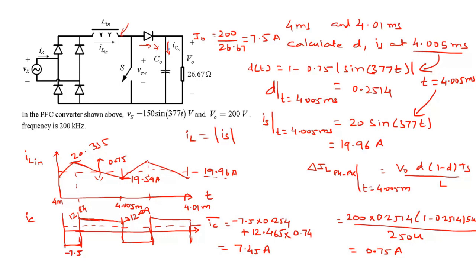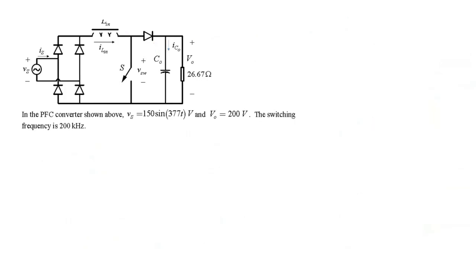Alright, so that is the capacitor current, and the last waveform to be drawn is that of the V switch. And this one is fairly easy to draw, assuming the output capacitor voltage is constant. So this is 4.005 millisecond, 4.01 millisecond, and 4 millisecond. During the switch on period, the switch voltage of course is 0.